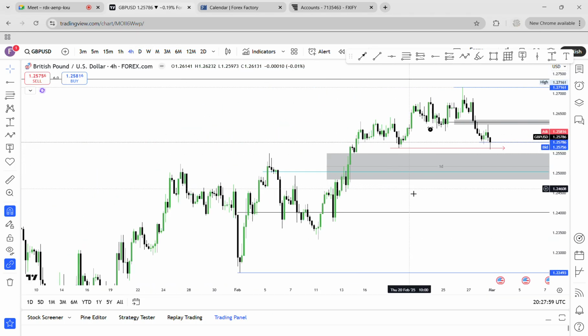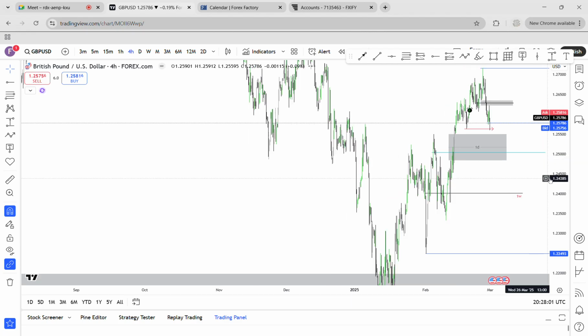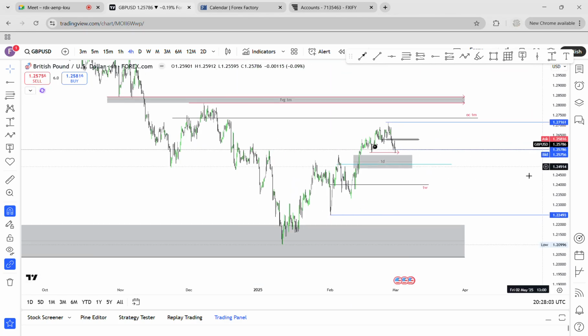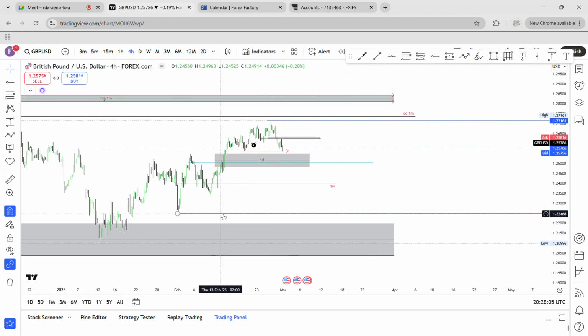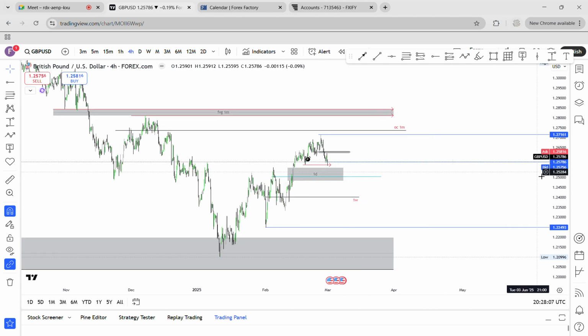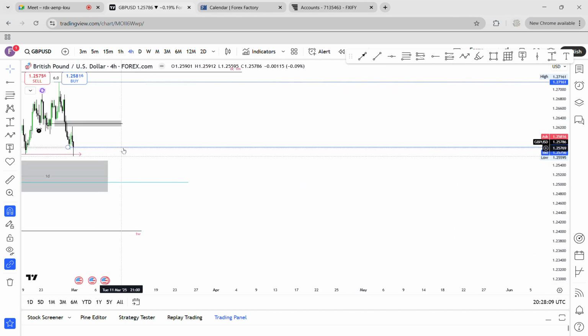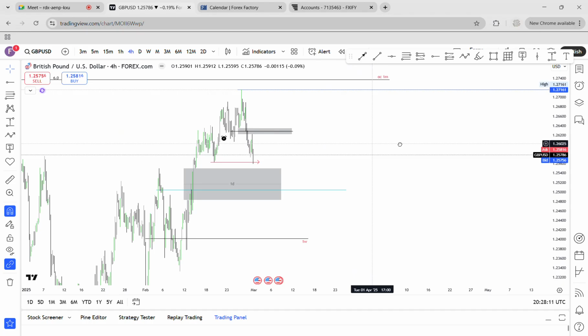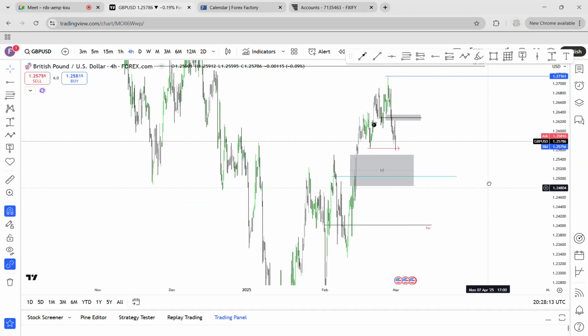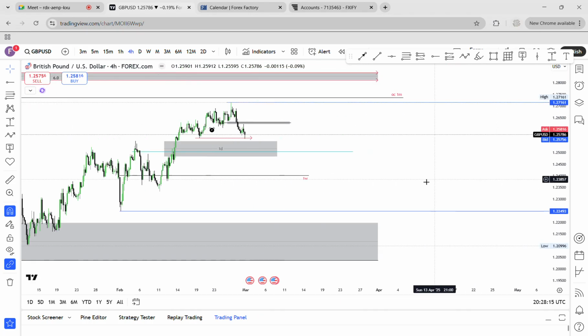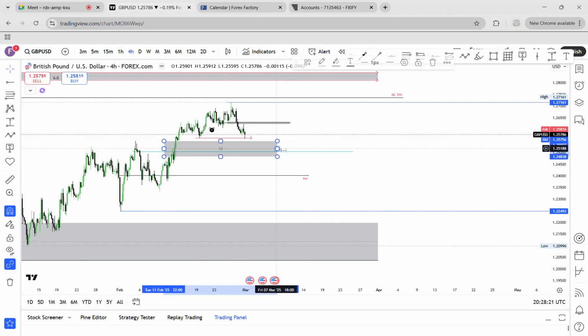So there is nothing more to look at here. We know our range from this high to this high. We know our range from this high to this low. And we have our point of interest, this weekly area and this daily area or 2 days area, plus the daily fair value gap where price hasn't come to.